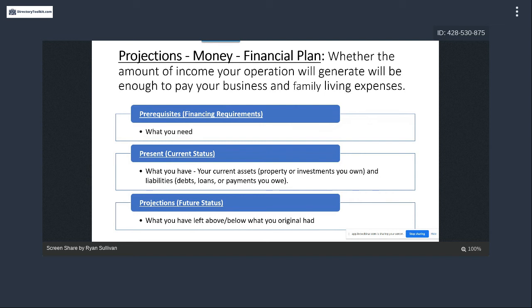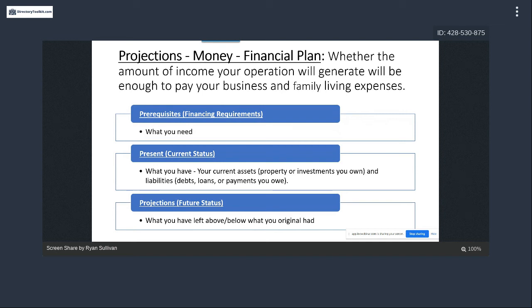If you know where you're at now and what you need for your finances going forward, hopefully at that point you can make projections. That's the final P, your future status. That's always in the financial plan for the business plan: what do you have left above or below what you originally had? If you're putting out as much money as you're pulling in, the projection is going to be flat, and nobody is going to want to see that.